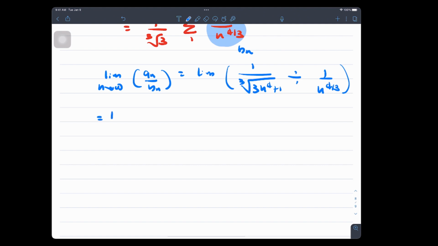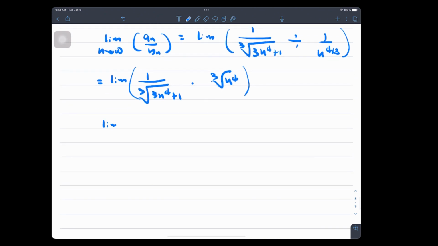So I'm just going to write it horizontally because I think it makes this easier. Okay. Just doing the algebra. Limit now. It's really the cube root of what? n to the 4th over 3n to the 4th plus 1. Is that true?